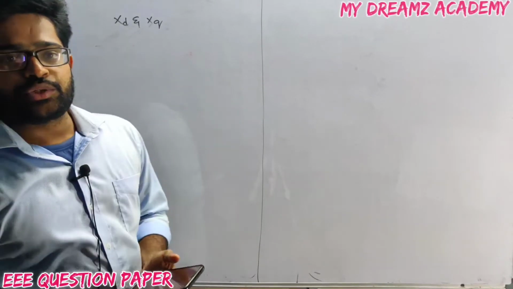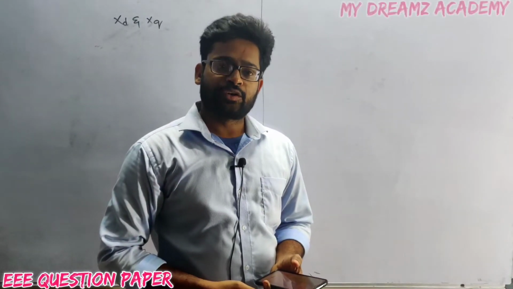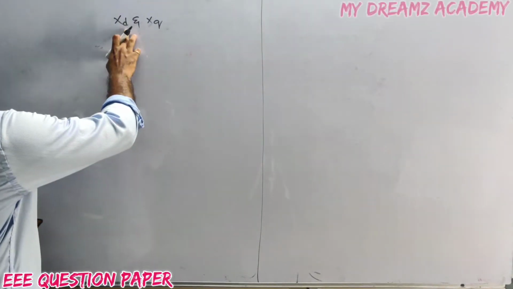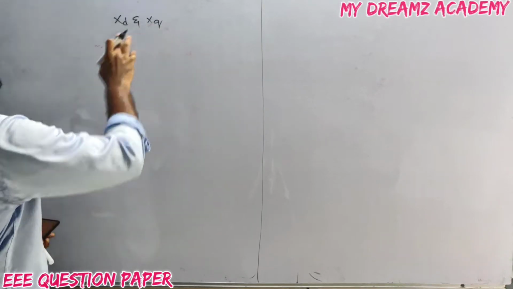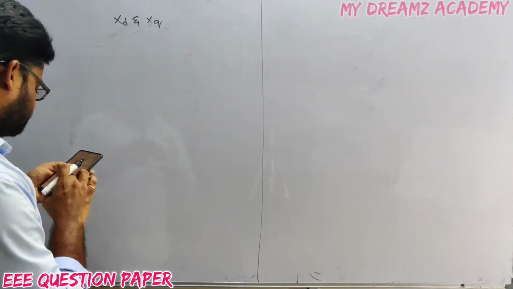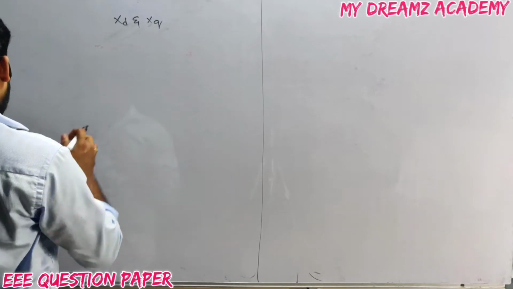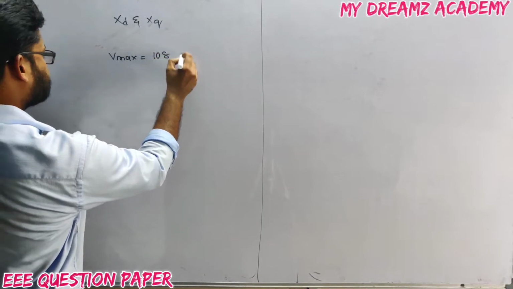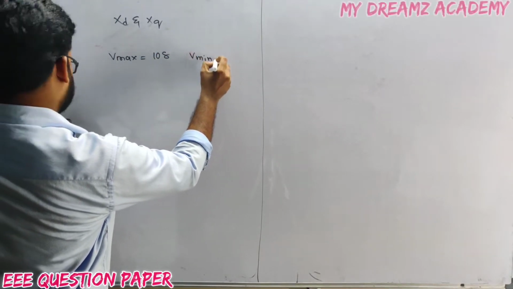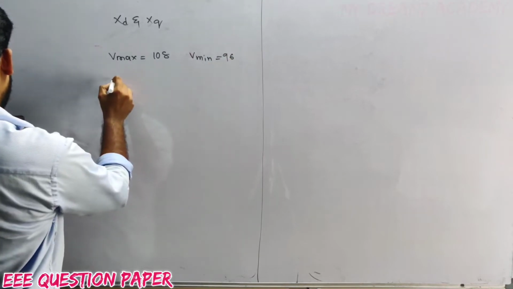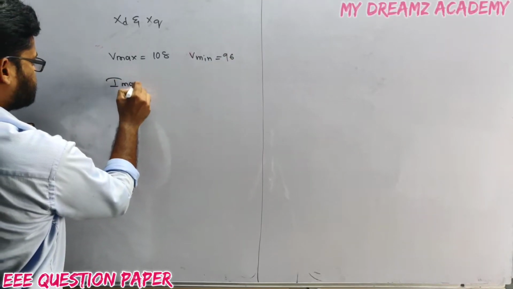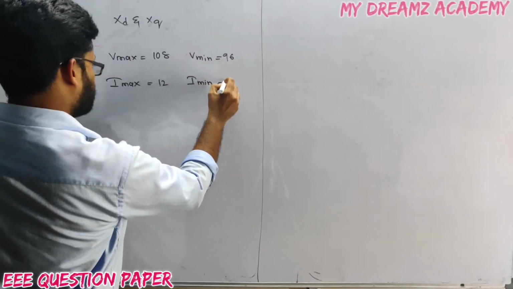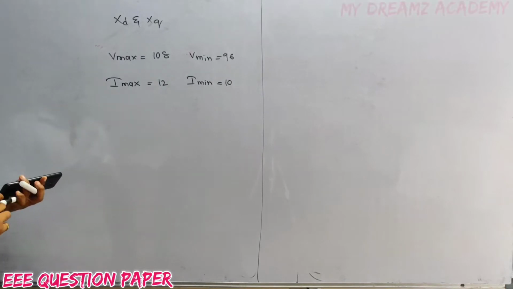XD and XQ values are there in synchronous machine, salient pole synchronous machine, direct reactance, quadrature reactance. Okay, so here it is mentioned that V maximum value is 108, V minimum value is 96, I maximum value is 12, I minimum value is 10 ampere. Now we need to calculate XD and XQ values.